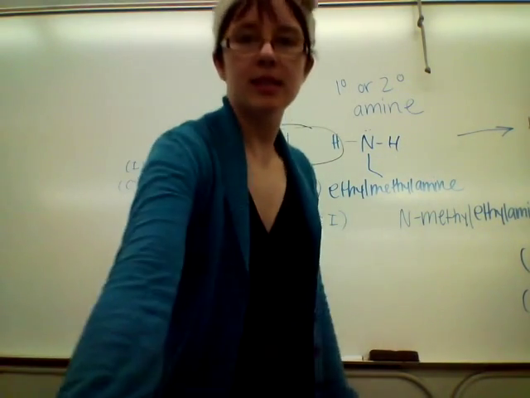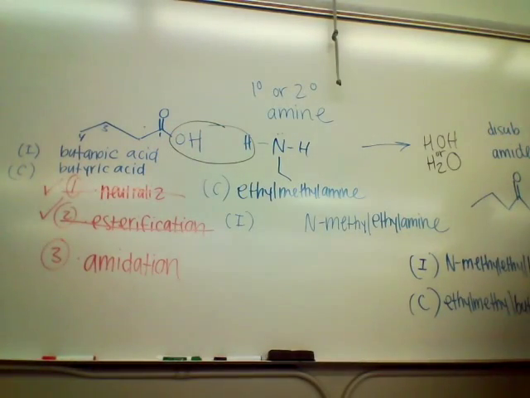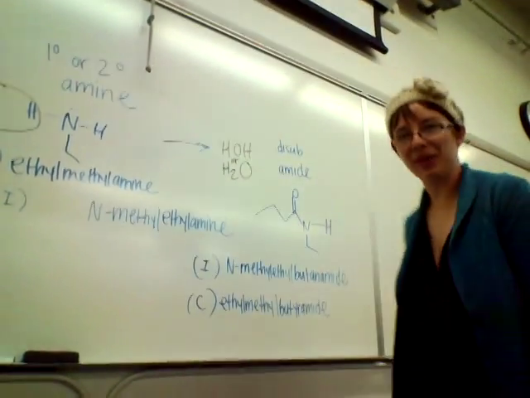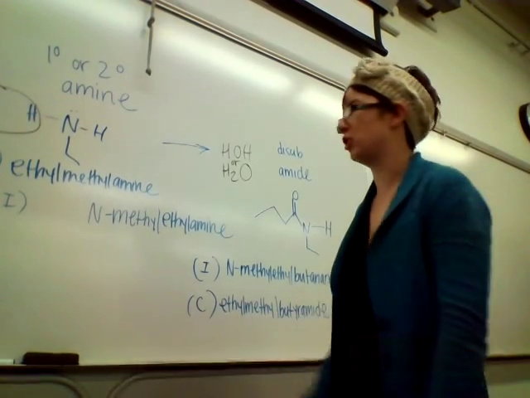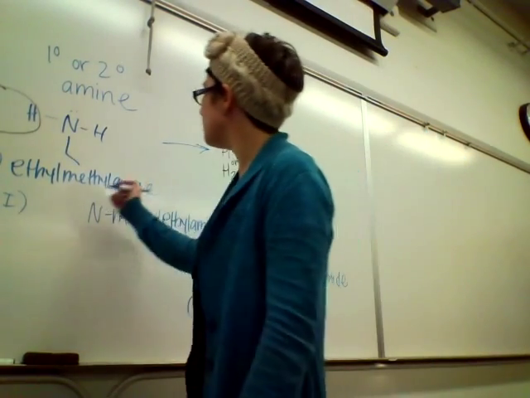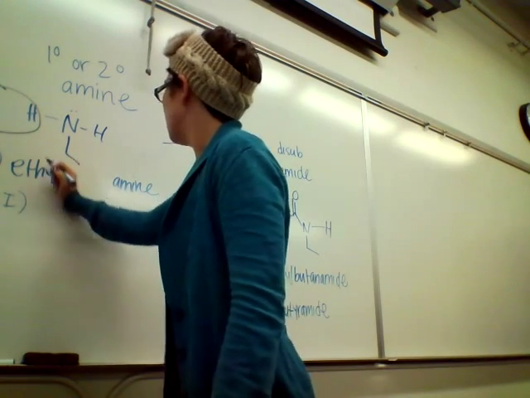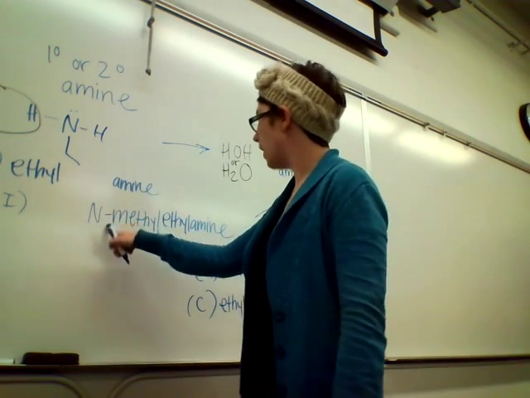So if I just did this, then I would do something like this, and it's the same thing, and then the name, of course, would change. Instead of ethylmethylamine, this would just be ethylamine, all one word. And then there's no need for N anymore.